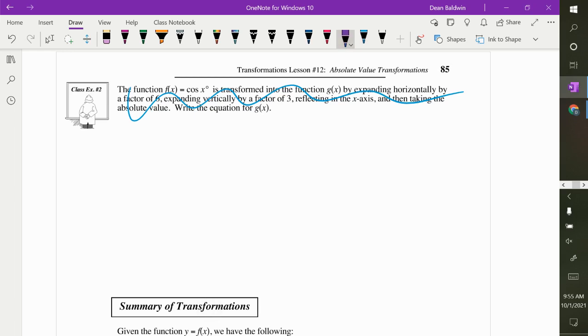All right. Remember, I gave you the order of operations on Friday or Thursday for transformations. We're gonna tweak it a little bit.